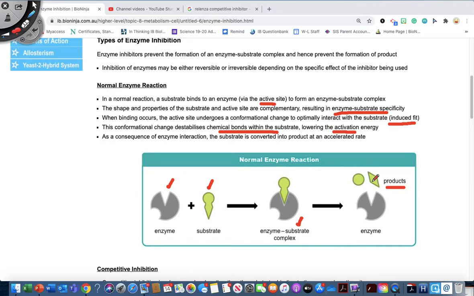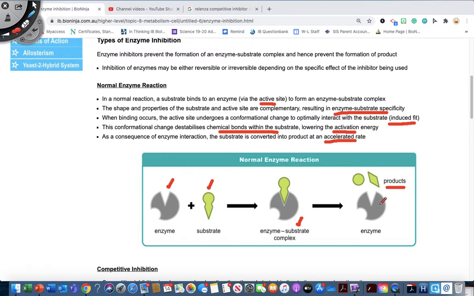So here we're seeing a catabolic reaction, and we see how the product formation here is actually accelerated. Okay, when the products are formed, the enzyme is released, and the reaction can happen again.